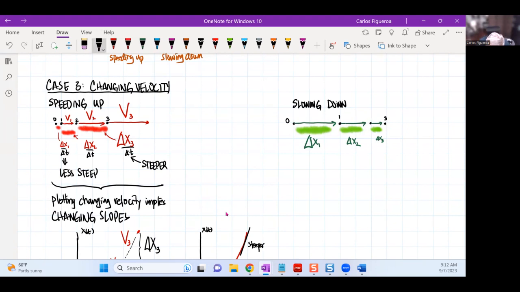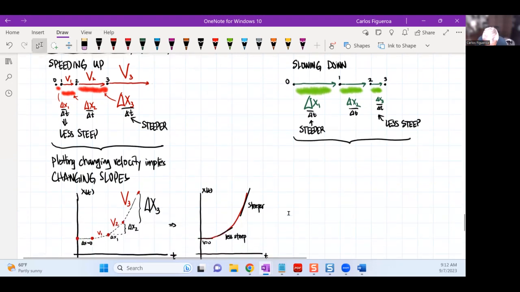Now, if I do that, then if I come and I look at these guys, you can see that this guy right here clearly tells me it's steeper. This guy is telling me that it's less steep. So then if I come in and I plot this as we said before, right?